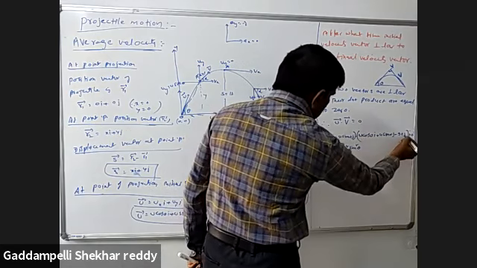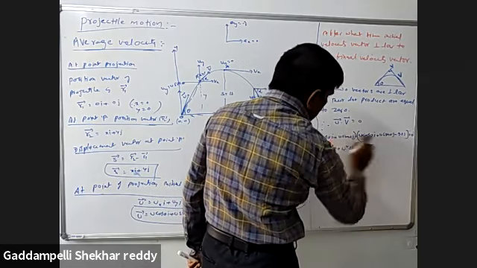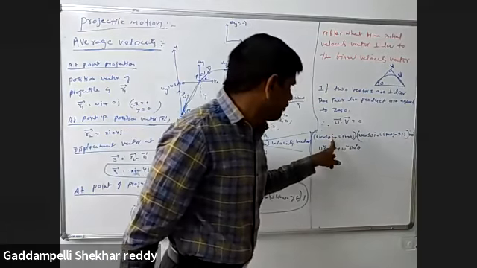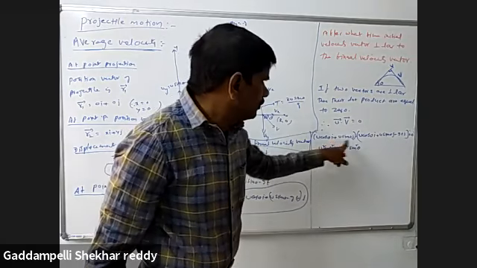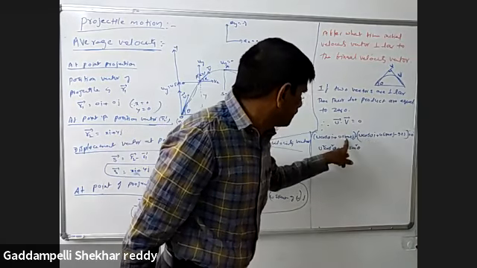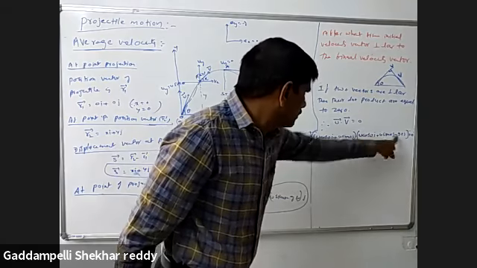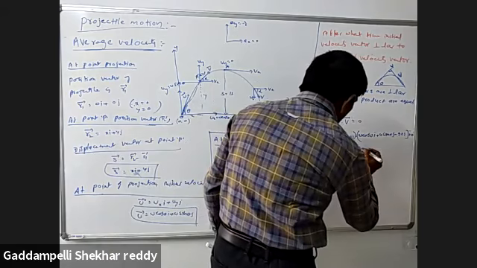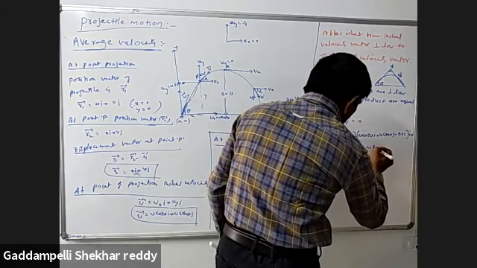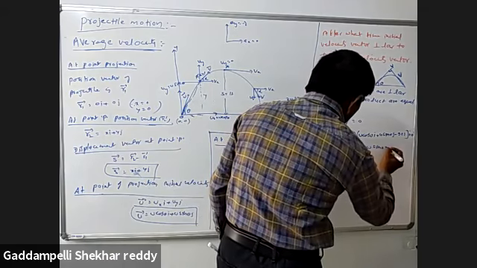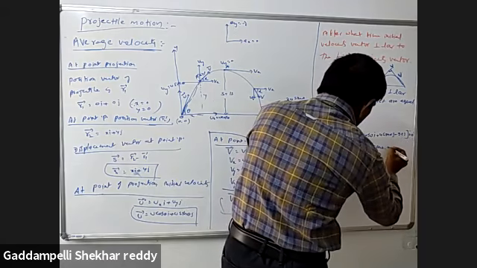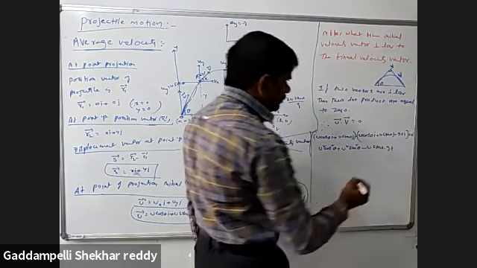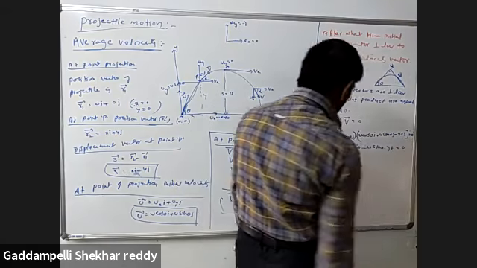This is completed. Next, i and j are perpendicular direction, so 0. Next, u sin theta, here minus is there: minus u sin theta into gt, here j dot j is 1.